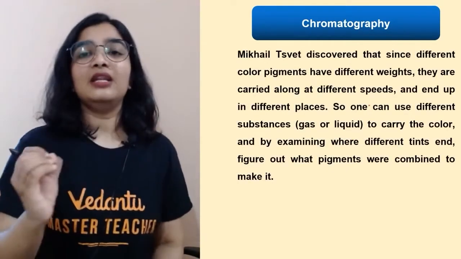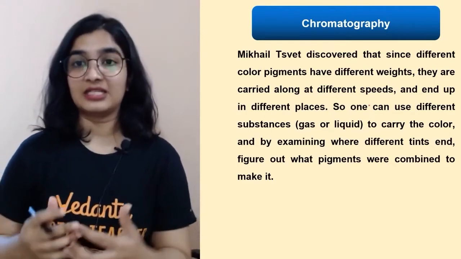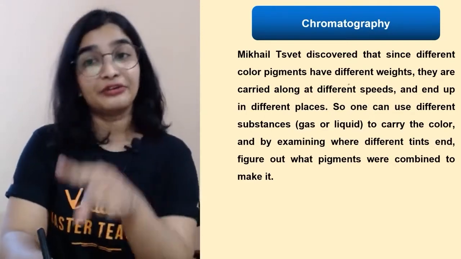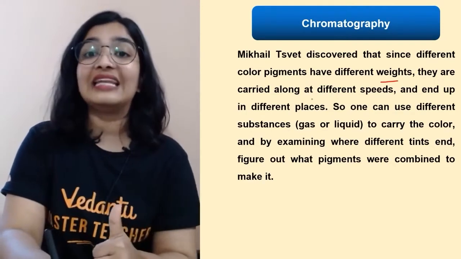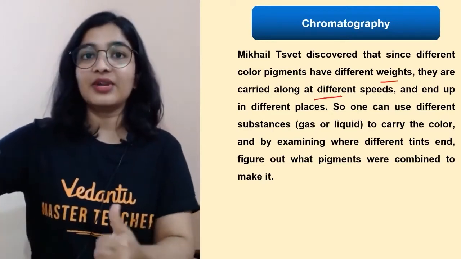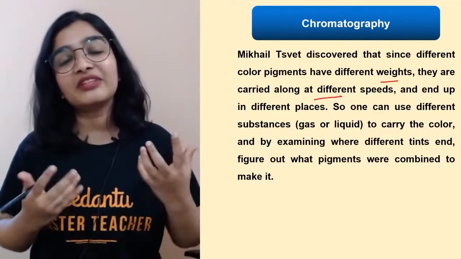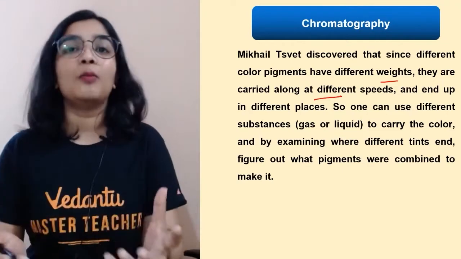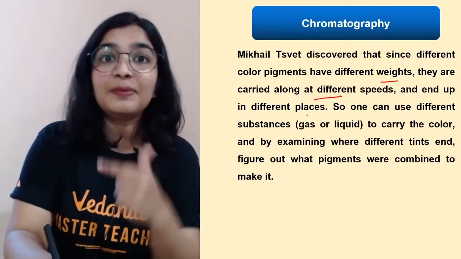Now Mikhail Tswett discovered that since different color pigments have different weights, they are carried along at different speeds. You cannot say all the pigments have the same weight. It depends on their molecular structure, and they end up in different places.